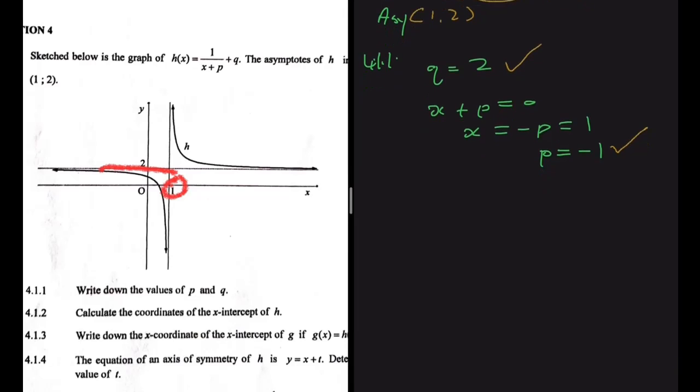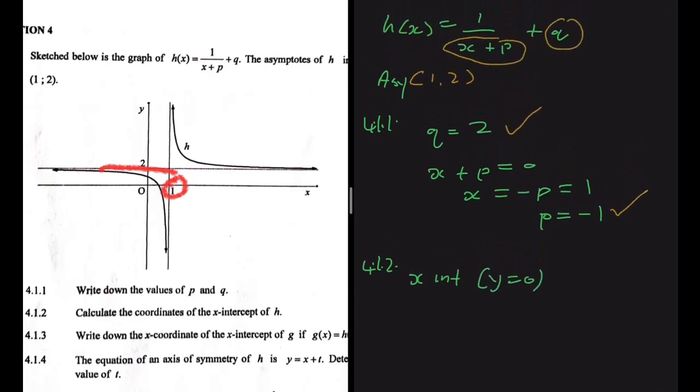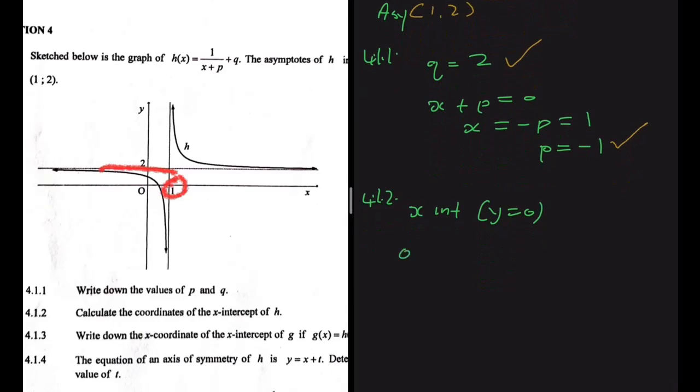Let's do 4.1.2. It says let's calculate the coordinates of the x-intercept of h. As soon as I hear x-intercept, I let y be equal to 0. So from h of x, I put 0, and we have 1 divided by x minus 1, plus 2.